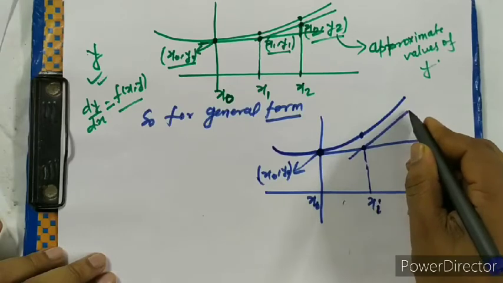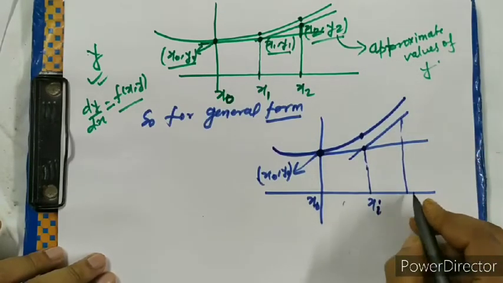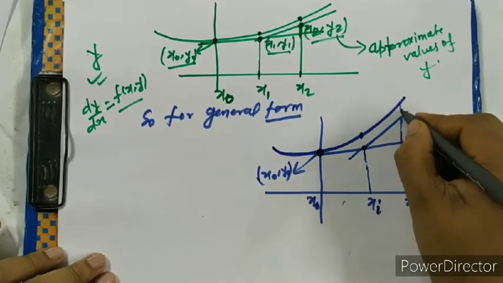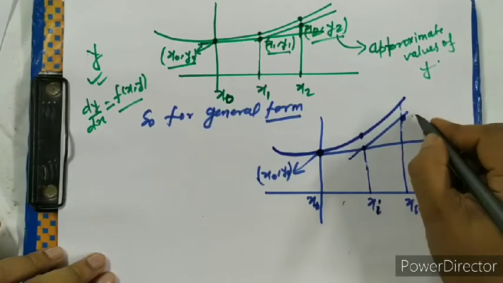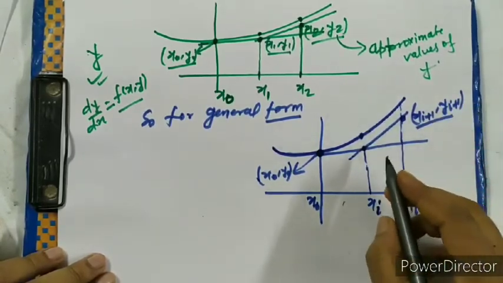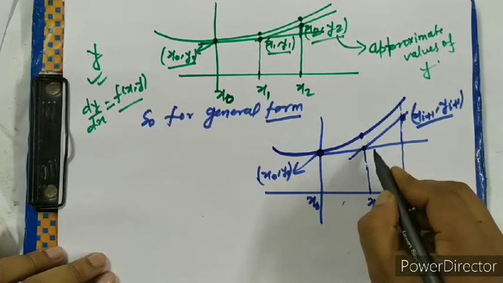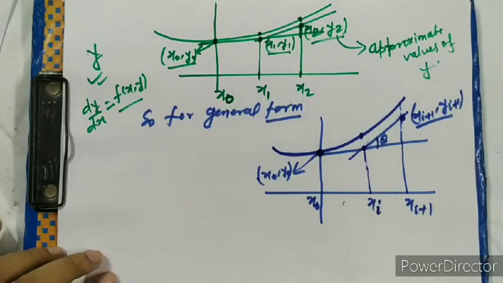Suppose this is the tangent. Again we choose another point xi+1. So this is the point (xi+1, yi+1). Suppose this is the slope, so there is some angle, we get theta.